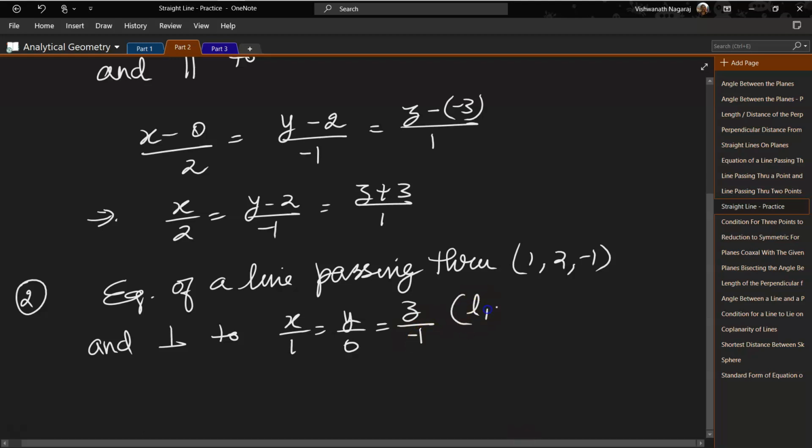So this is line 1, also perpendicular to another line, x by 3 equal to y by 4 is equal to z by 5.